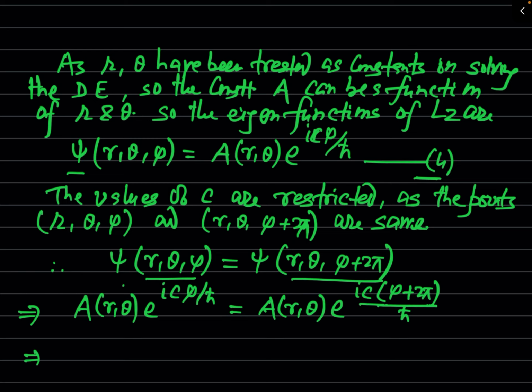So this A of r, theta and this A of r, theta will cancel out, and your result is e raised to the power i c phi over h bar.